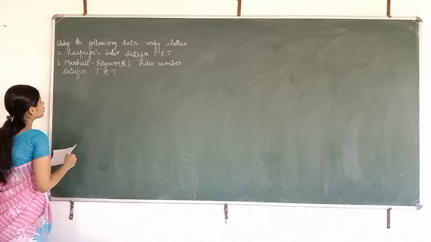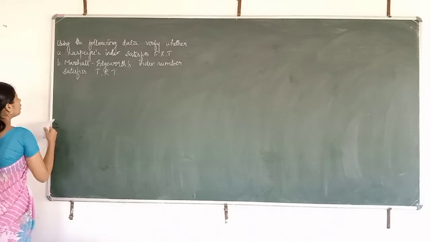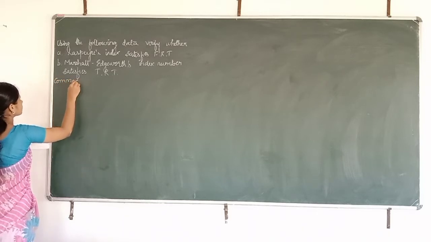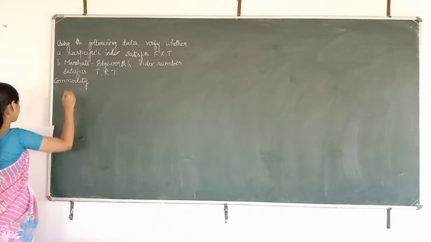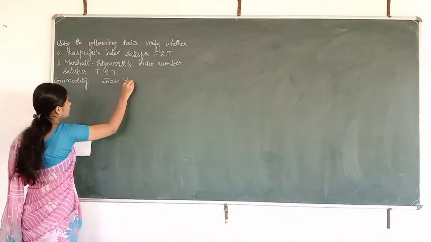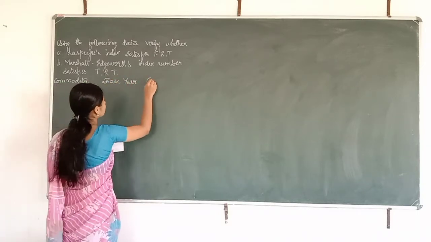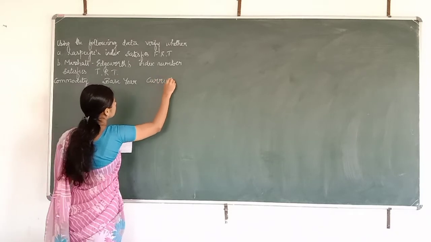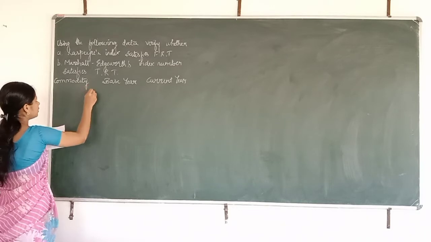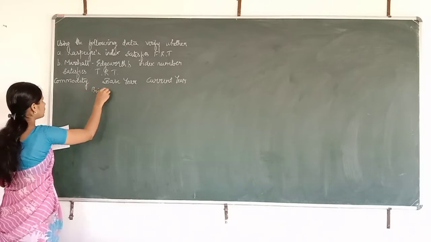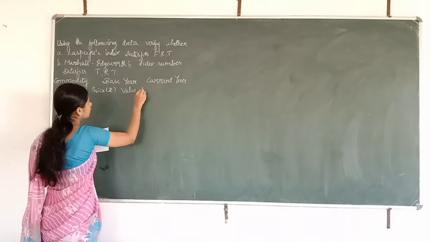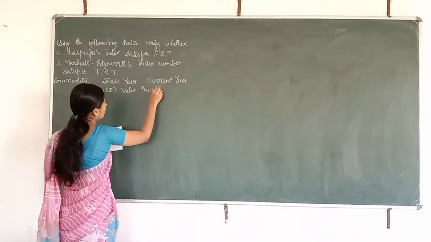So this is the question, and the information given are: first column commodity, next column is base year and current year. Then base year, price in rupees and value. Next current year, price in rupees and value.